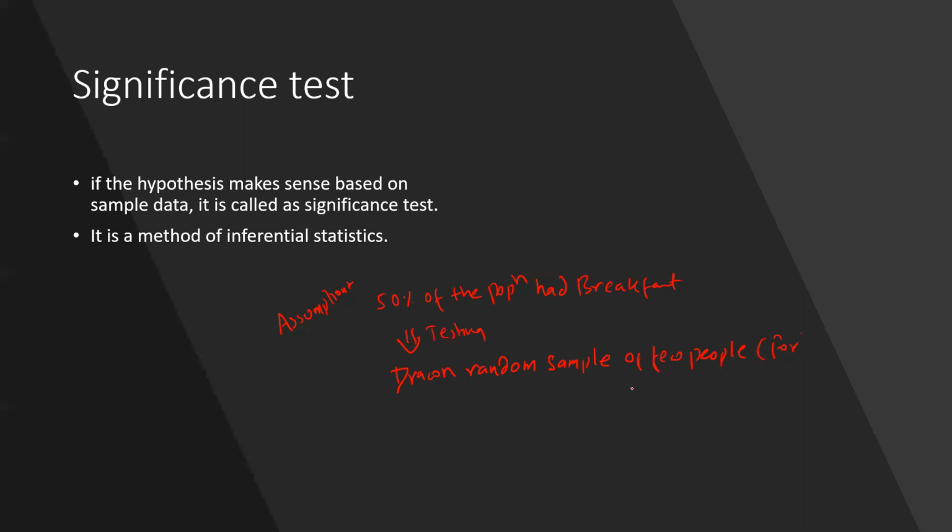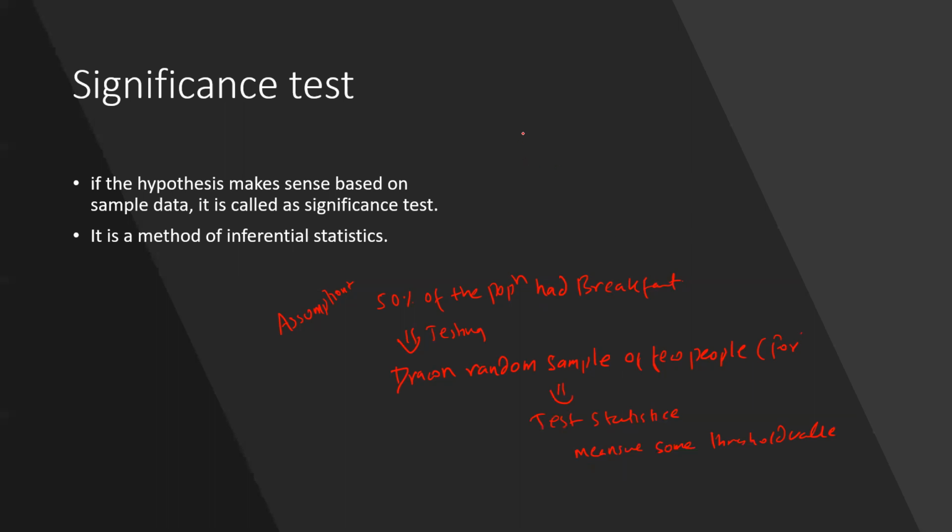Okay, and we set some test statistic and measure some threshold value. We need one threshold value so that we can decide whether 50% of the population had breakfast or not.